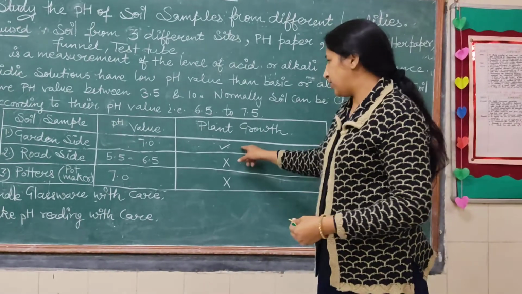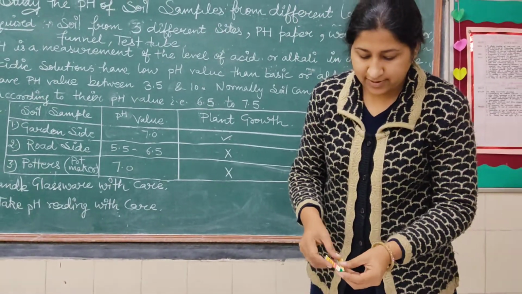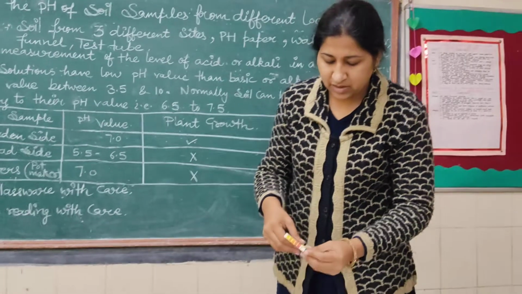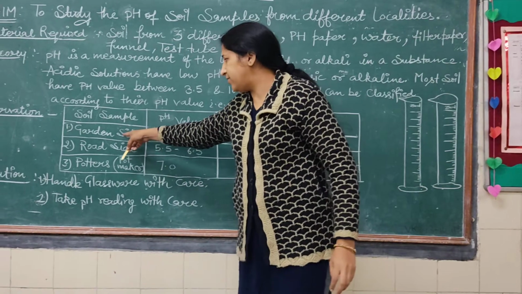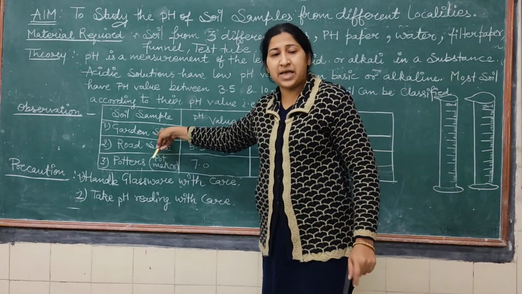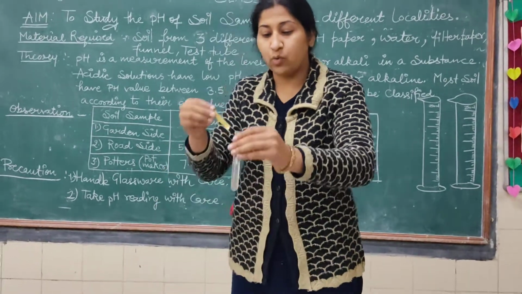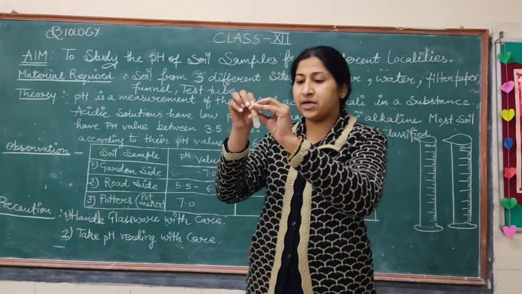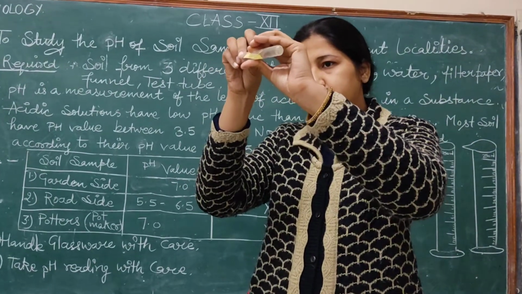So this is good for plant growth, as we know. In the exam, we will not write that we have taken this soil from the garden side. We will write sample A, sample B, sample C, because the examiner will not tell you from where he had taken that soil sample.